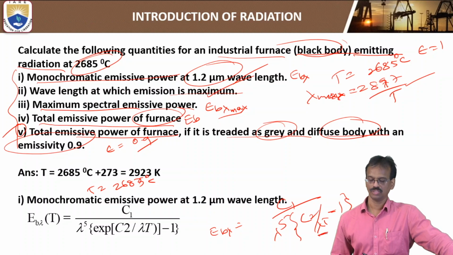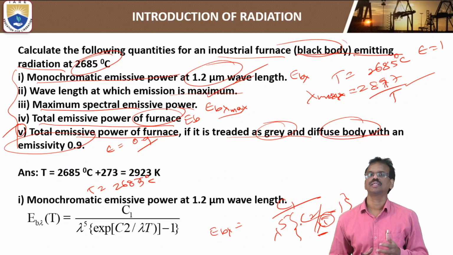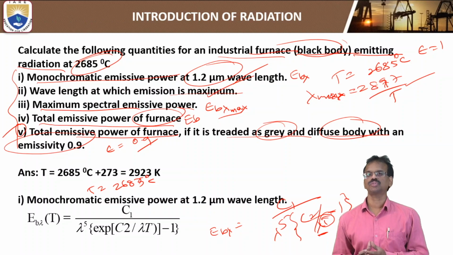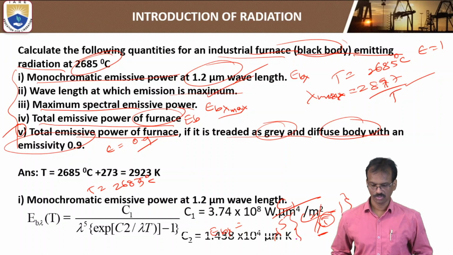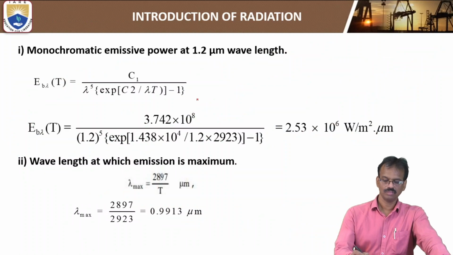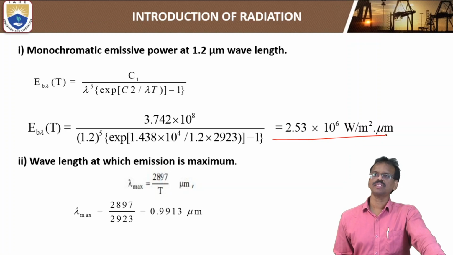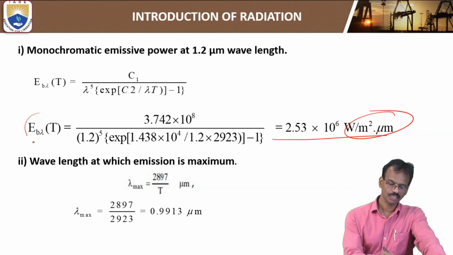Lambda is also given, and you know the temperature of the furnace. If you substitute these values, we get the monochromatic emissive power, which is 2.53 into 10 to the power of 6 watt per meter square micron.